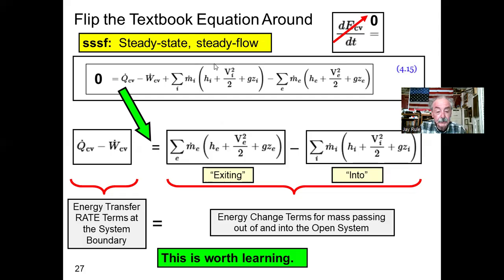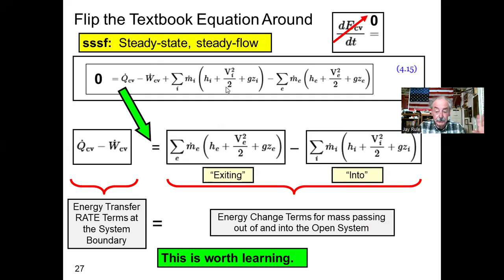And then I want to take these big terms and flip them to the left side with zero. Do you see that on the left side, I've got all these exiting terms minus the entering terms, out minus in. And on the right-hand side, I'm left with Q dot minus W dot.